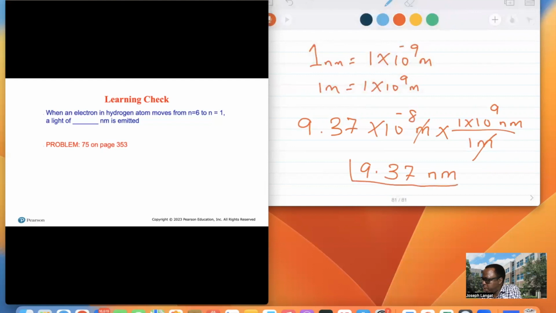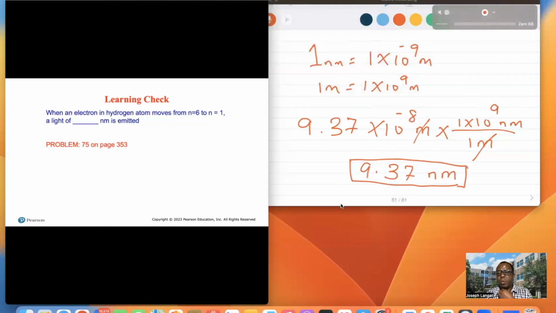Nanometers. It's kind of like, if you are not well-rounded with your dimensional analysis, you need to recall this. You will not be given it, by the way. Let me just tell you the truth. By now, you should know the prefixes, nanometer, meters, all these. Why are we talking about nanometers? It is expected that you have covered in the previous chapters, at the beginning of the semester, the dimension.